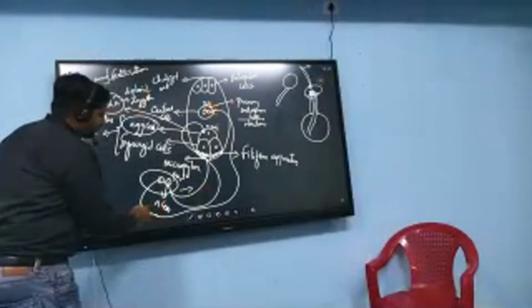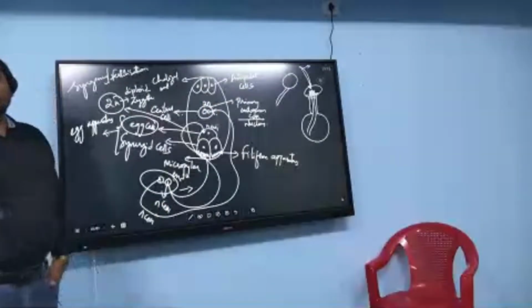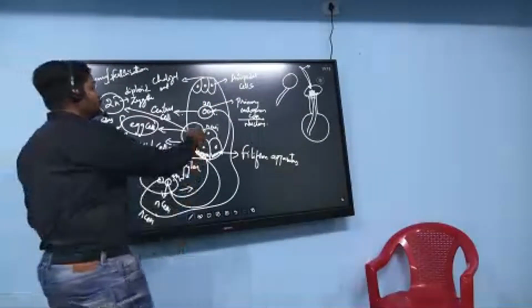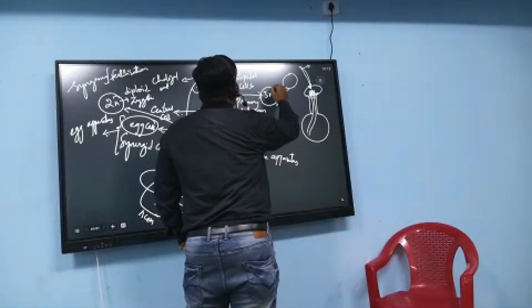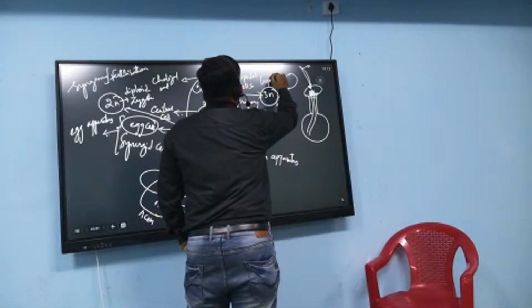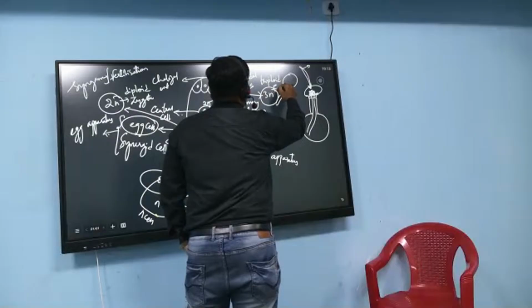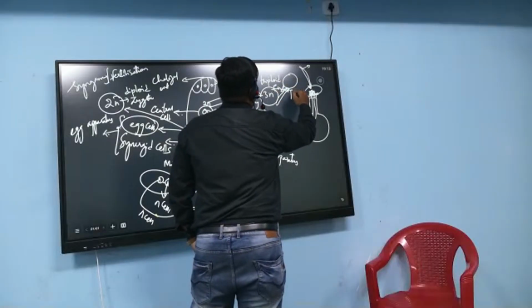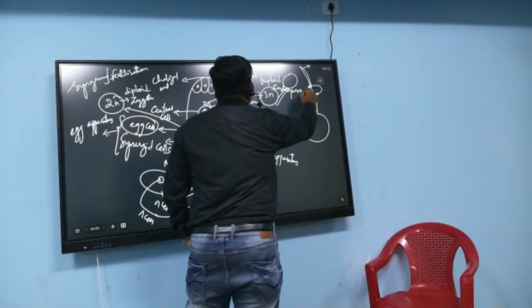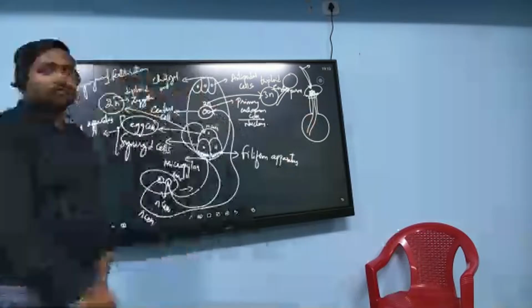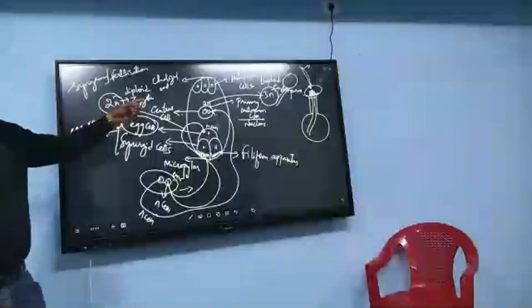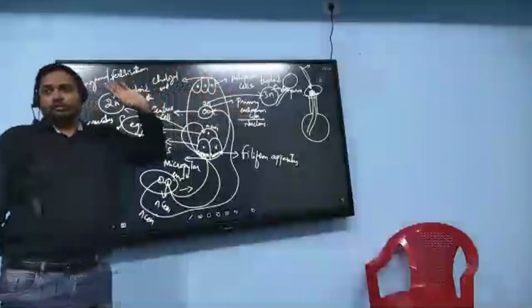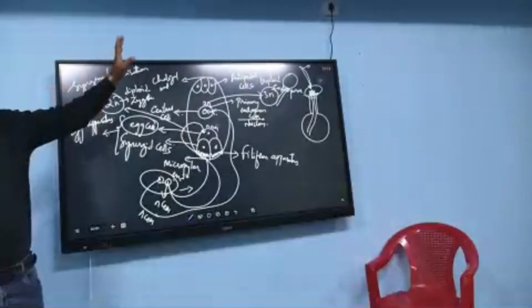So n plus 2n will lead to the formation of 3n, that is triploid endosperm. Here the zygote forms, there the endosperm forms. This is 2n, that is 3n.